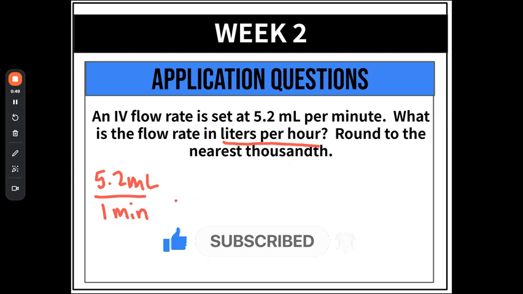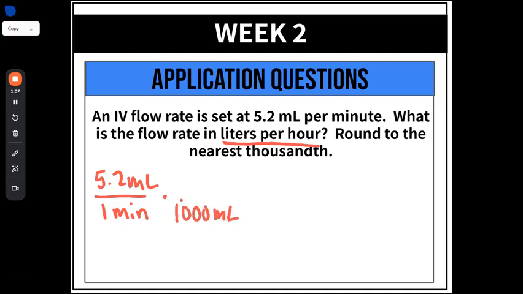So we're going to start with some things that we can use to convert that are going to be known measurements. What I do know is I can multiply by 1,000 milliliters in 1 liter.